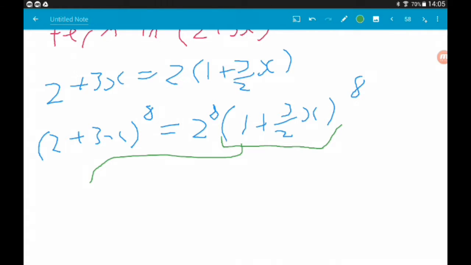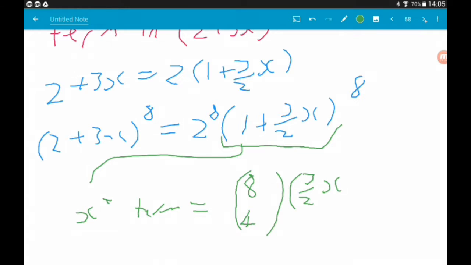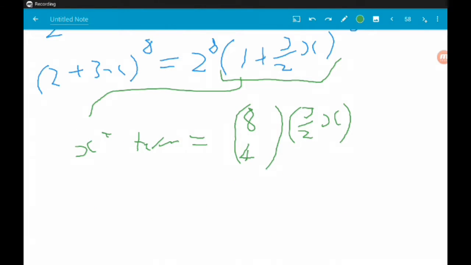So, the x to the 4 term in the binomial expansion is going to be 8 choose 4 times 3 halves x all to the power of 4.